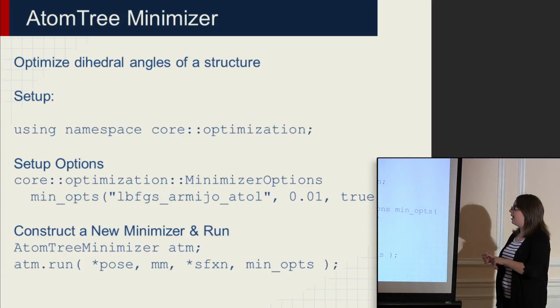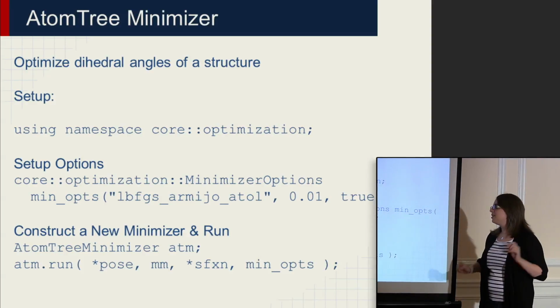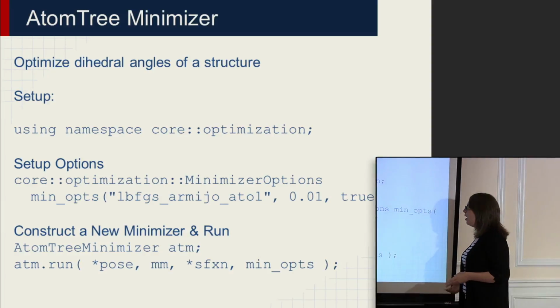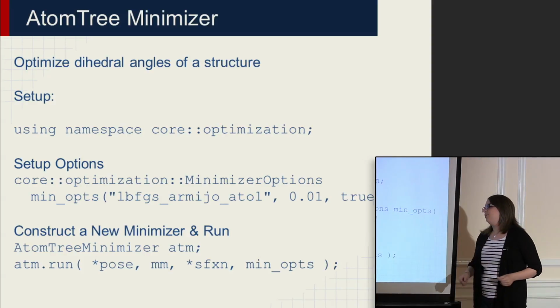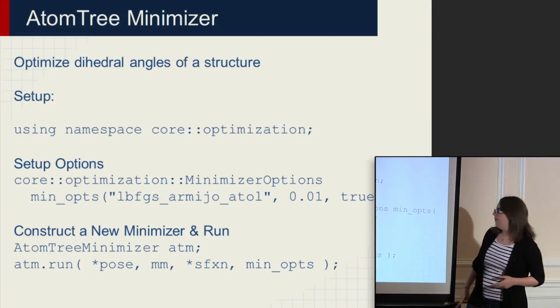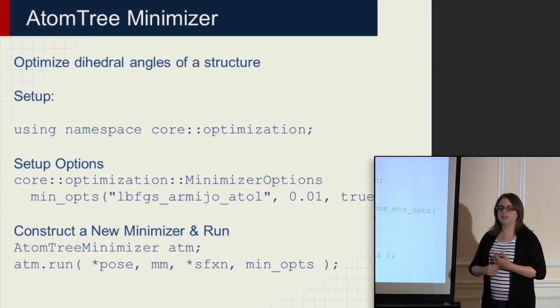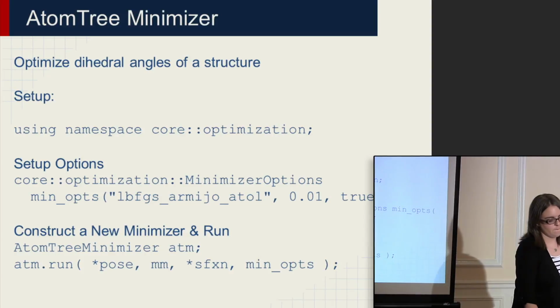So the way to set up is you'll set up a minimizer options object. There are lots of different option combinations you can use with the minimizer. And then you'll run the atom tree minimizer on your pose. So you'll take a pose, MM is move map, a score function and minimizer options, and you'll be able to go through that minimization process as well.